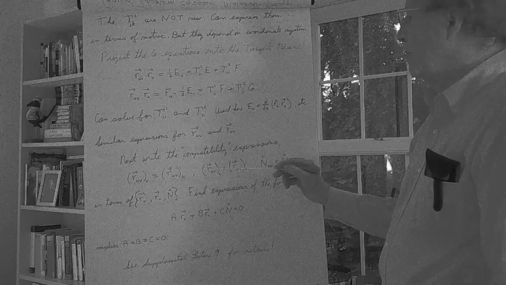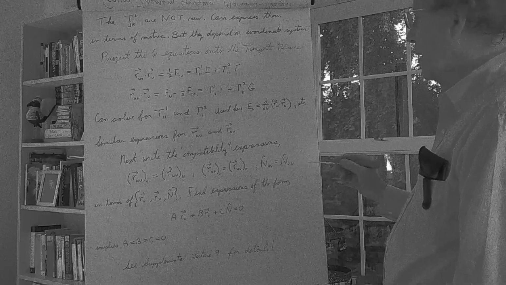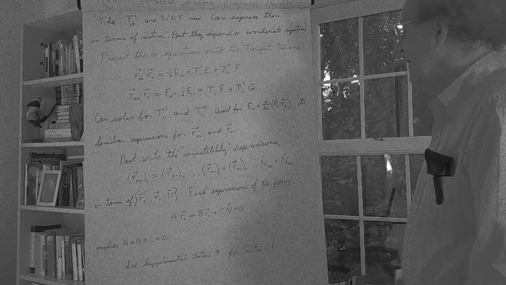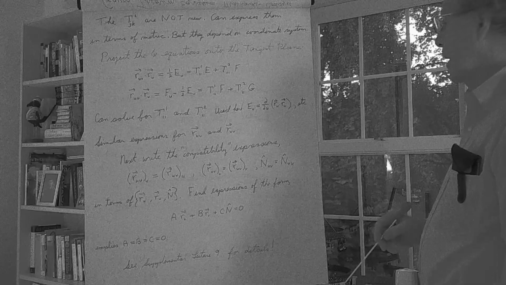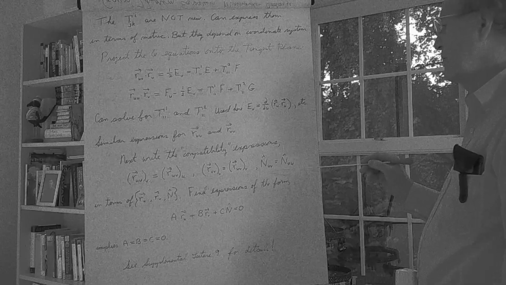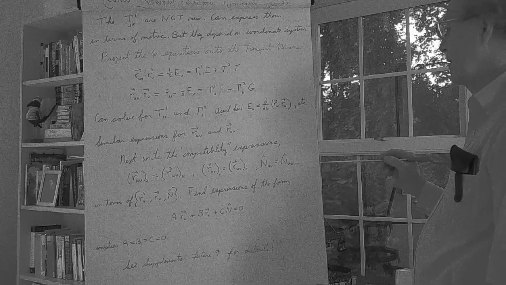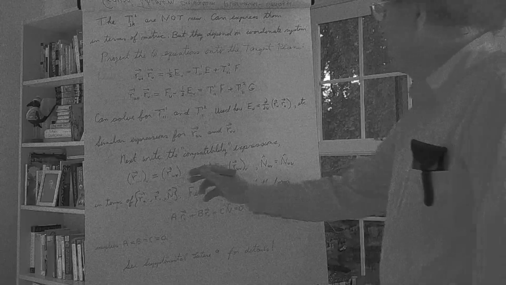So I have this compatibility expression. I have another one, R_VVU is equal to R_UVV, and then also I have that the normal vector, if I differentiate it in the U and then the V direction, I get the same thing as if I differentiate it in the V and the U direction. Okay. So I write all of these things out.